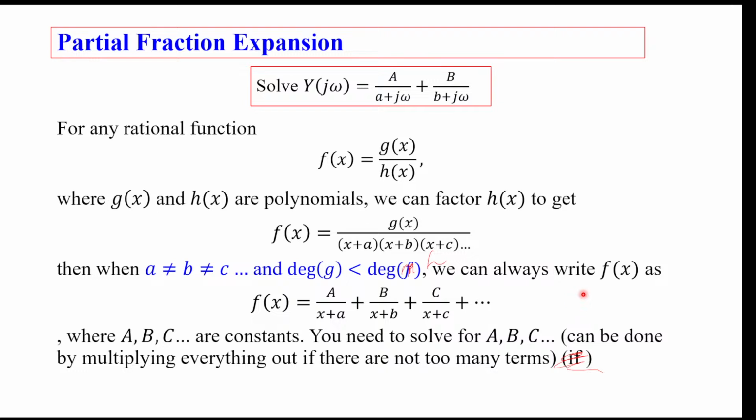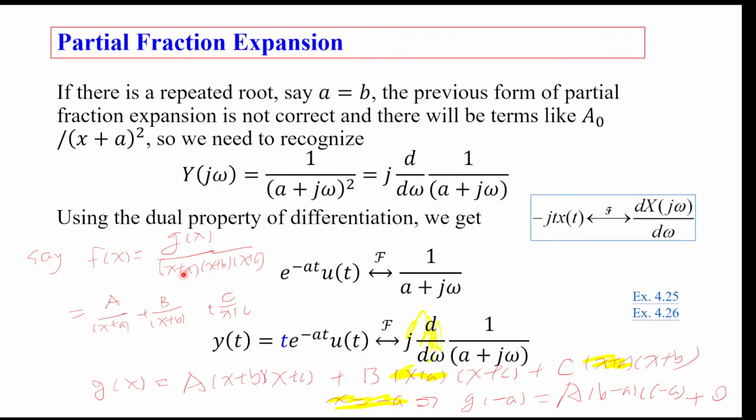Then there is a special case. When the degree of g is less than the degree of h, which is what we assume here, there is nothing extra to do in terms of the Fourier transform. But when some roots are equal to each other, then we have repeated roots and need to do something extra.